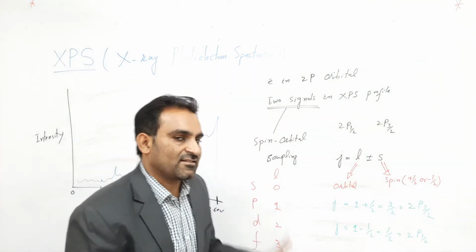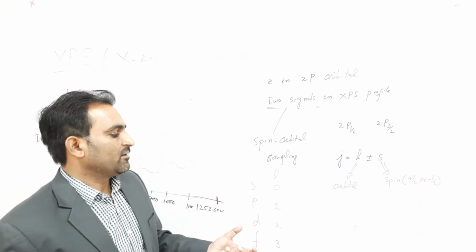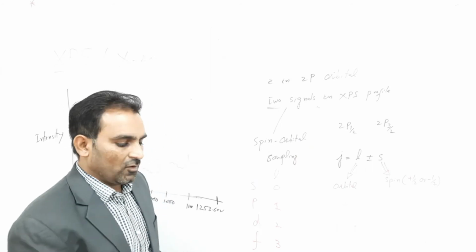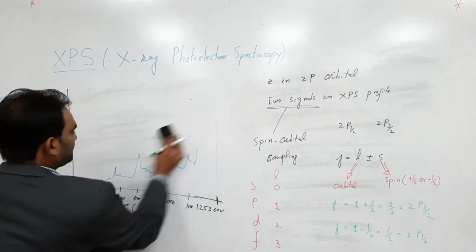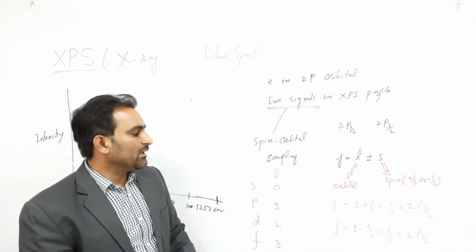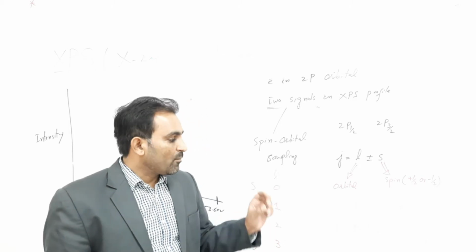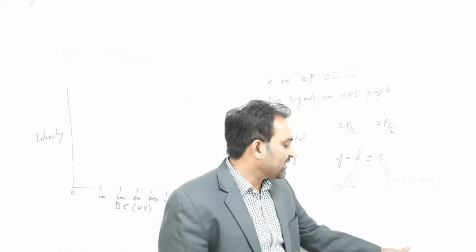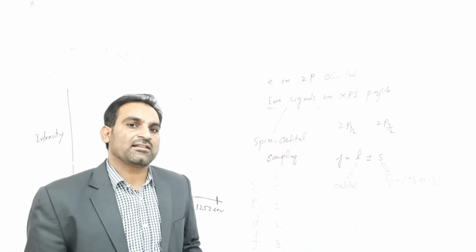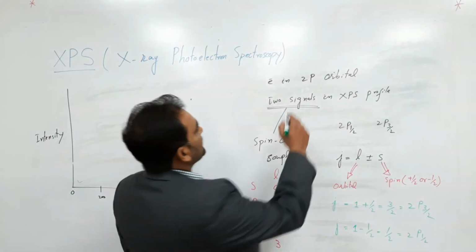Now, the next step is to find the position of this signal and this signal. As we know, the position is mainly dependent upon the binding energy. So the binding energy of these two signals will be different. And this binding energy actually depends upon the kinetic energy.